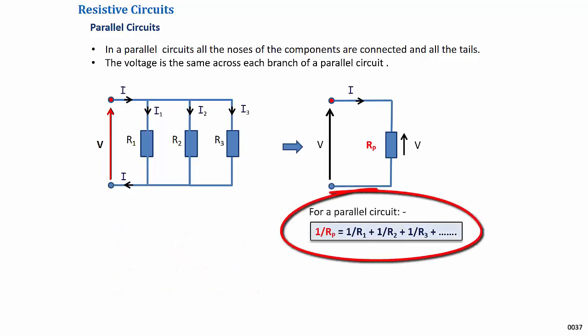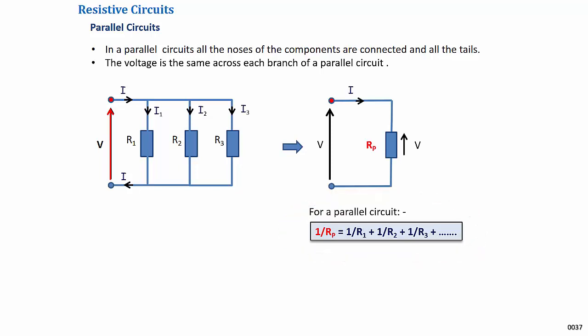The highlighted formula shows that where there are a number of resistors connected in parallel, they may be replaced by an equivalent resistor, Rp, where the reciprocal value of Rp is equal to the sum of the reciprocal values of the individual resistors.